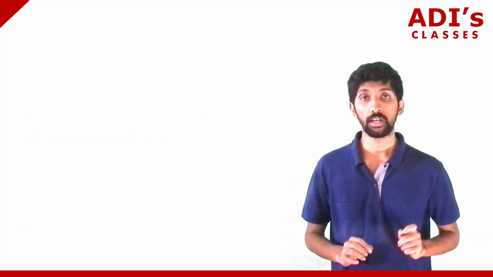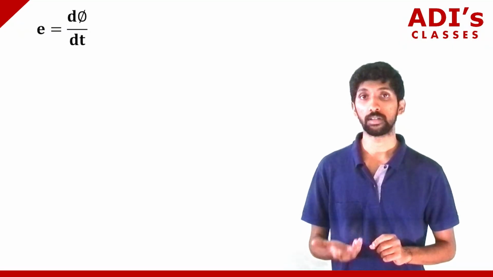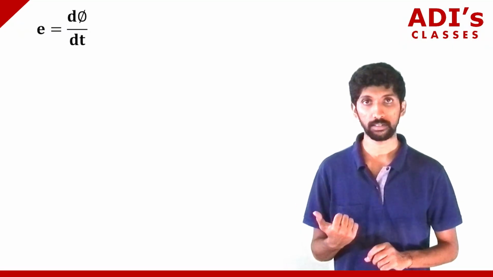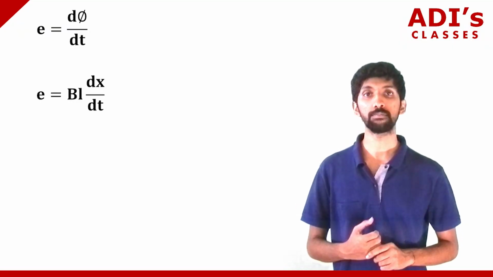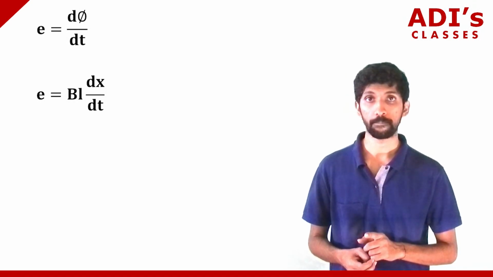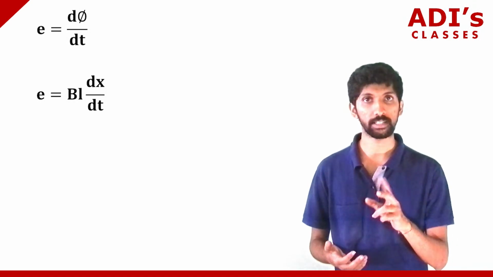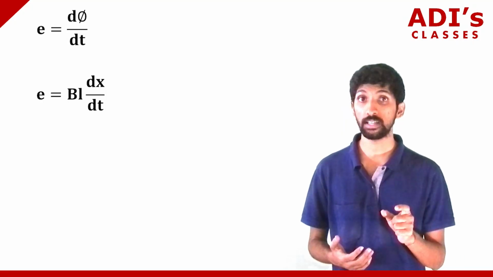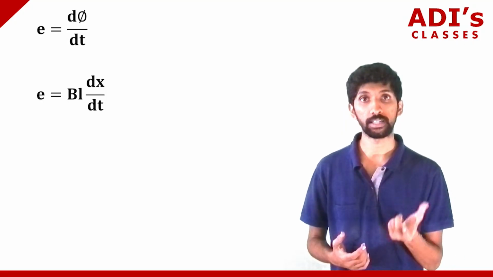Now, the induced EMF is given by d phi by dt, which we need to calculate. So d phi by dt becomes BL into dx by dt. Why dx by dt? Because X changes. This is the reason I was stressing that X changes every time.